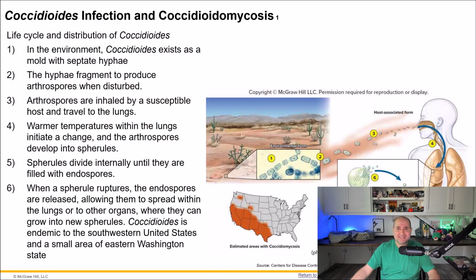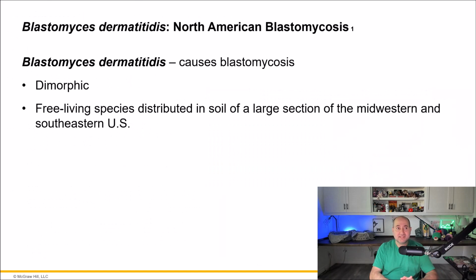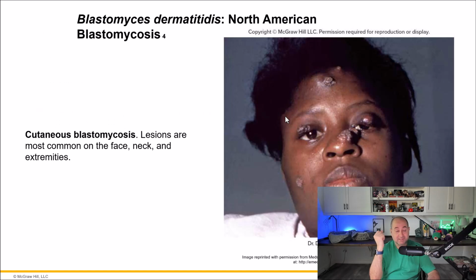It's caused by inhalation of that semi-arid dust that's kicked up, and you breathe that in. Next, we learned about Blastomyces dermatitidis, which causes blastomycosis, and this disease can present as lesions on the face, neck, and extremities.